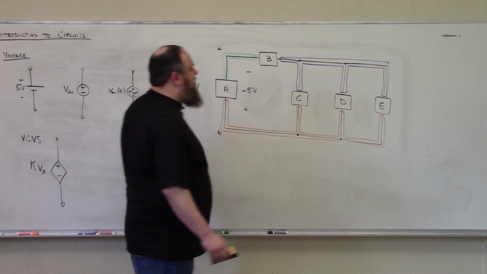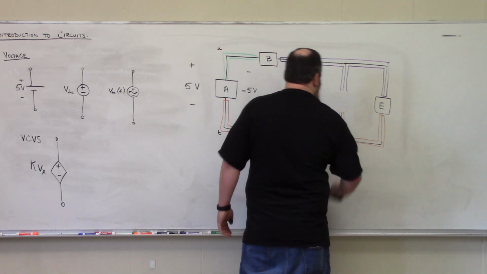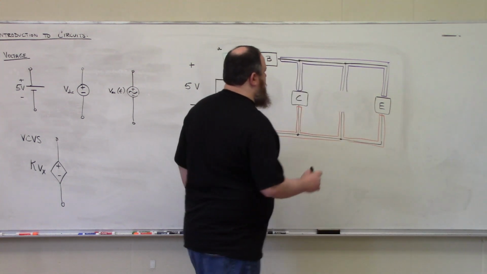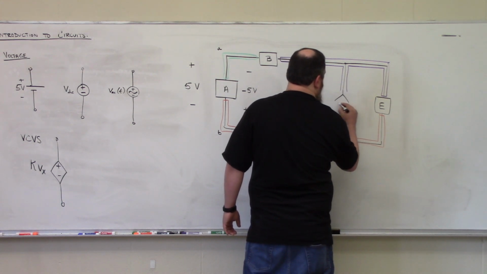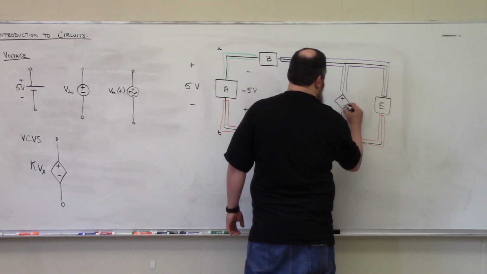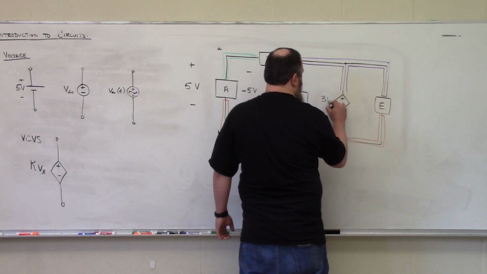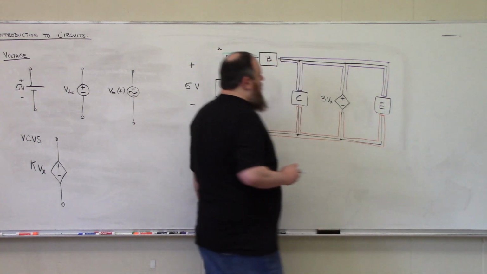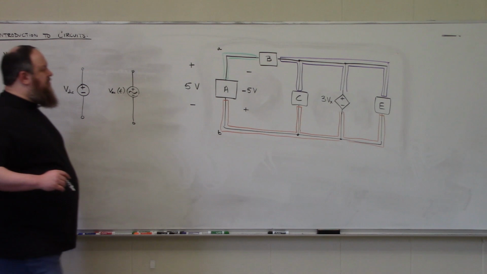So just for the sake of argument right now, let's change element D into a voltage controlled voltage source. And I'm going to say that the factor K in this case has a value of 3.